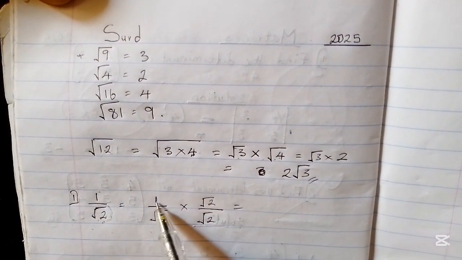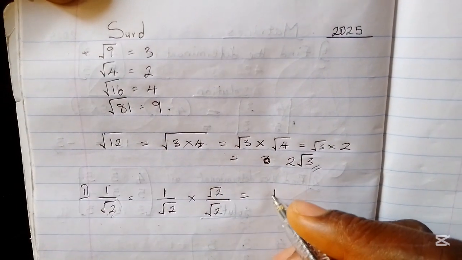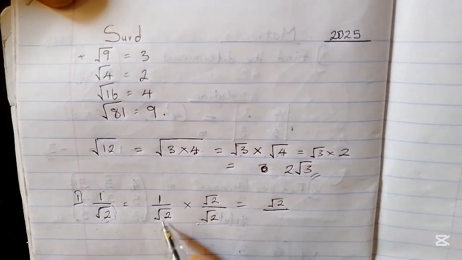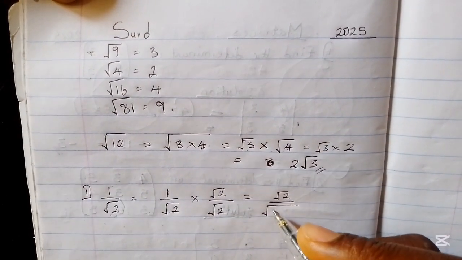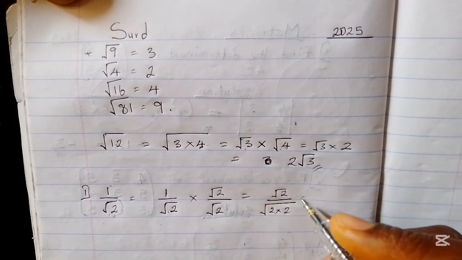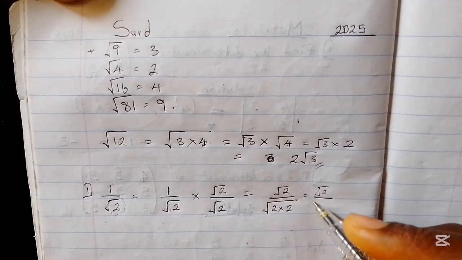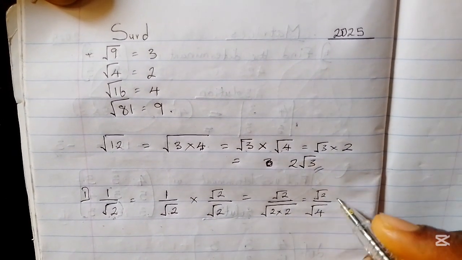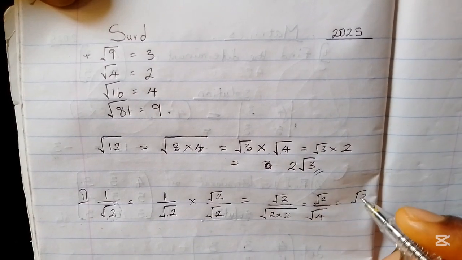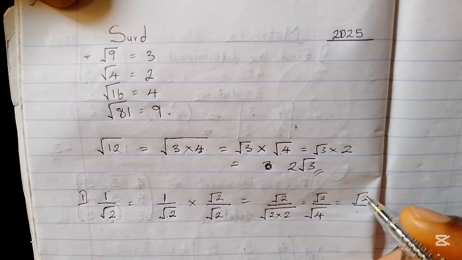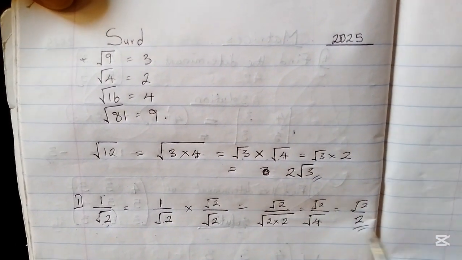So 1 times root 2 will give us root 2, and in this case we have root 2 times root 2 to give us root of 2 times 2, and that will give us root of 4. And we already know that square root of 4 is 2, so we have root 2 over 2. That's the answer to this one.